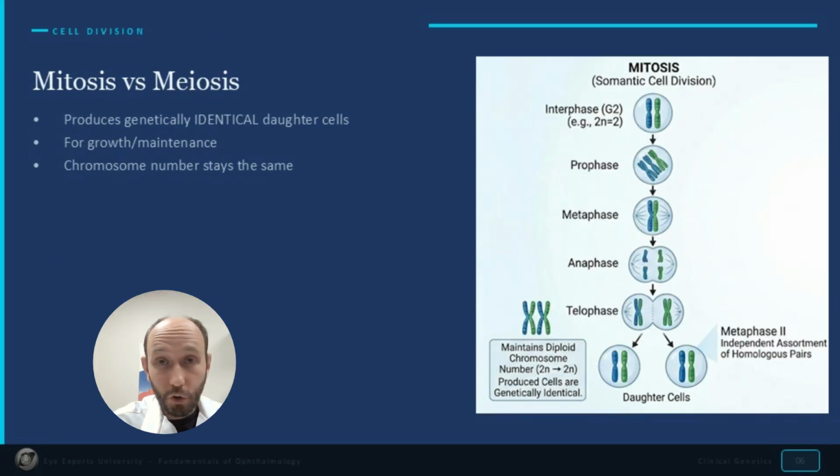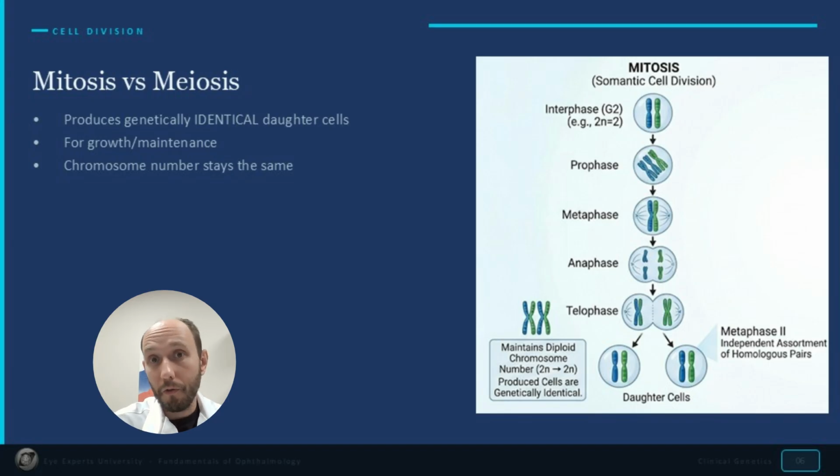Now, if we remember back to middle school biology, there's meiosis and mitosis. So, meiosis is the process of making gametes, versus mitosis is regular cell division where a cell makes an identical daughter cell.